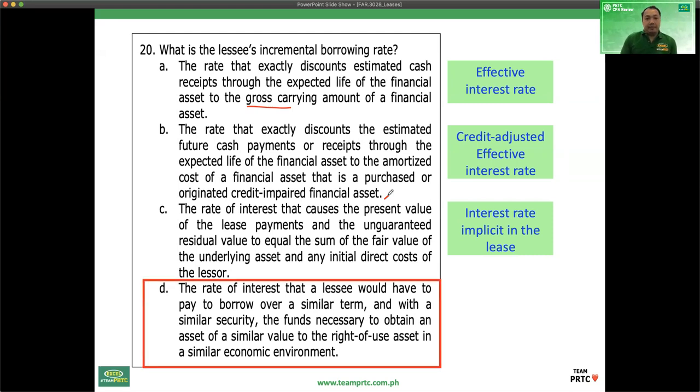And that's letter D. So the rate of interest that a lessee would have to pay to borrow over a similar term with a similar security, the funds necessary to obtain an asset of a similar value to the right of use asset in a similar economic environment. So meaning, kung hindi nag-lease, bumili ng asset at mangungutang sa bangko, so magkano kaya yung babayarang interest? So yan yung incremental borrowing rate.